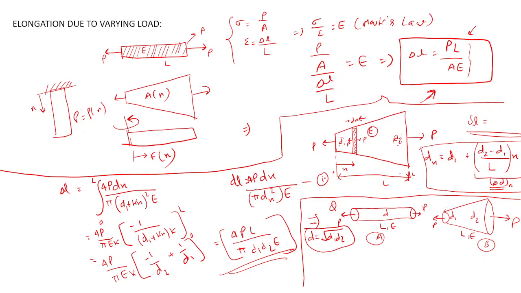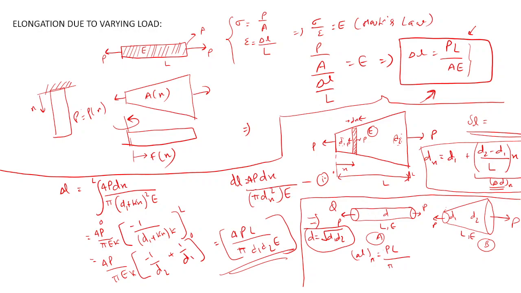Okay. So what would be the elongation for this prismatic bar? Simple, we can use this formula, right? So delta L for A would be PL by A. What would be the area of this? Pi by 4 d square.